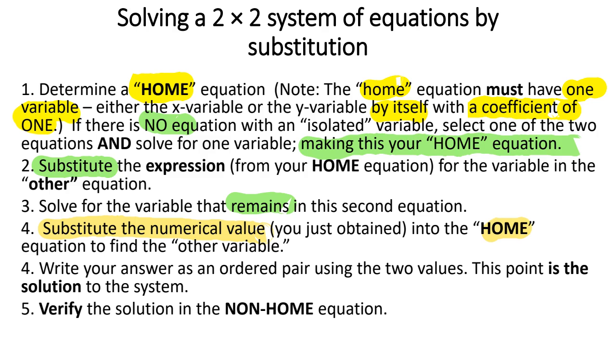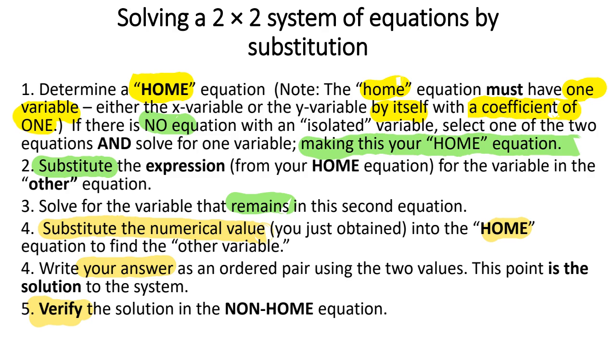And then that is going to give you your answer. But remember, it's your choice to verify. And the key is to verify in the non-home equation. Now, this is a lot of work, but let's do it together. It's not as bad as it is.